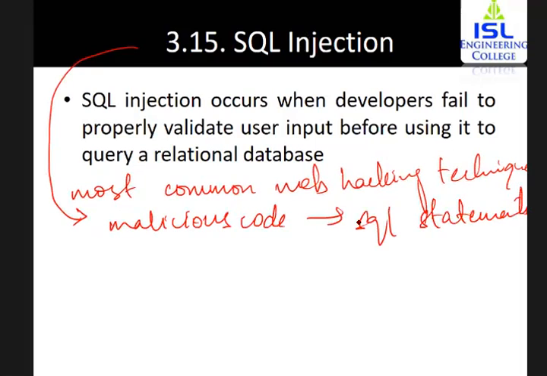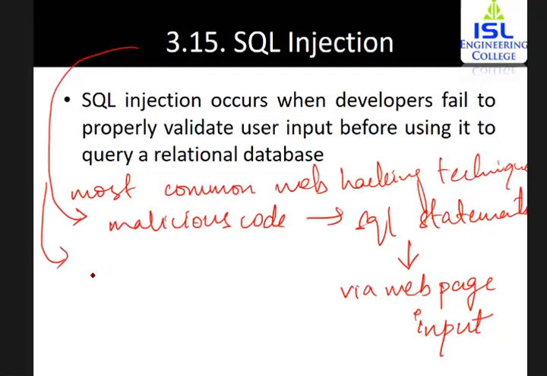How is he going to make changes within the SQL statements? The changes are given via web page input. He makes the changes through the web. Making use of SQL injection, it can infect the entire database. It can destroy the entire database because you are changing the entire input of the web page.